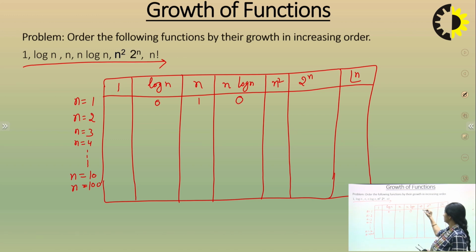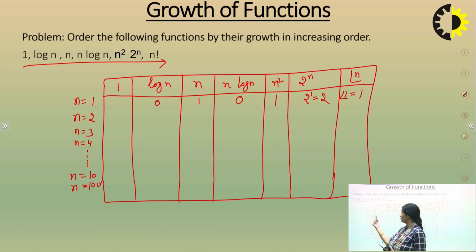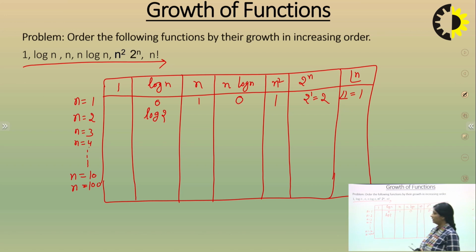N square again 1, 2 to the power 1 means 2, and factorial 1 means 1. Now see the next one, n equal to 2. This is log 2. And what is the value of log 2? There is some value of log 2, you will calculate it later on.